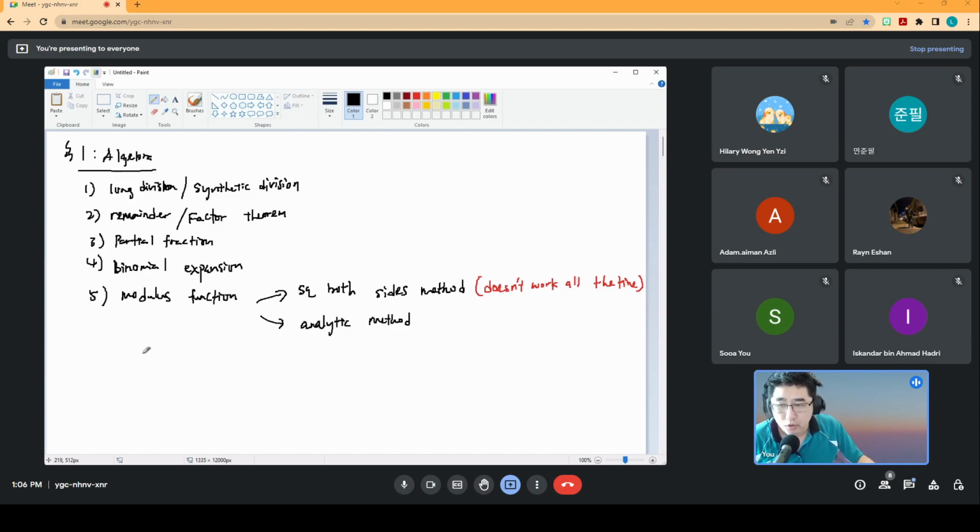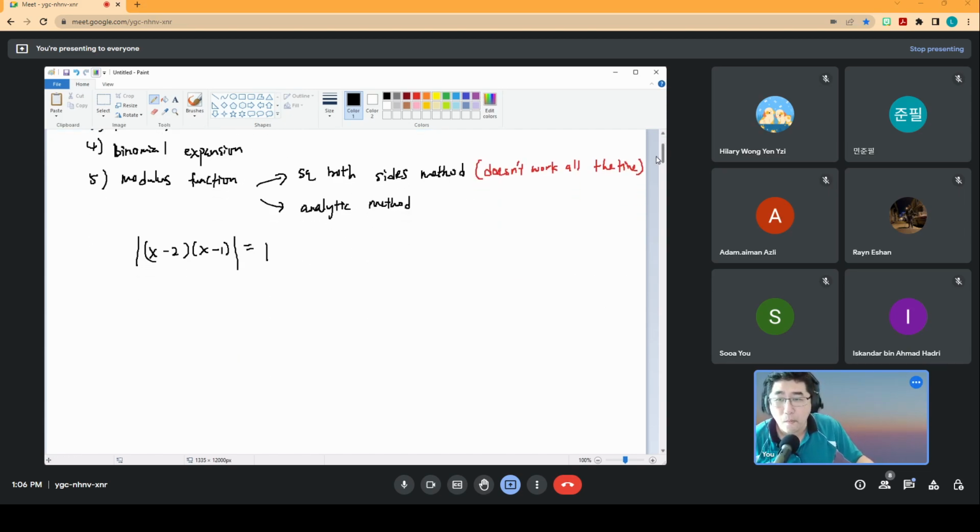So, questions such as, let's say I have modulus of x minus 2, x minus 1, that equals to 1. If we look at the graph transformation itself, this is what I have for x minus 1, x minus 2.